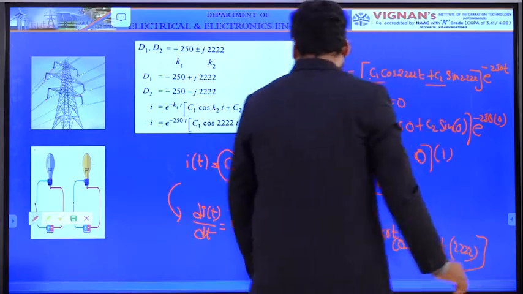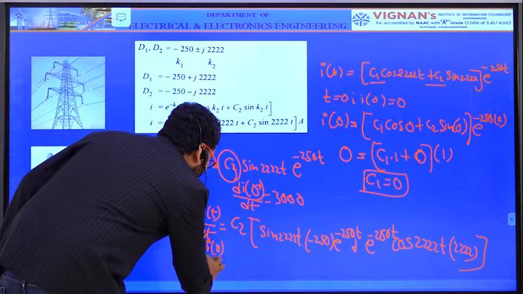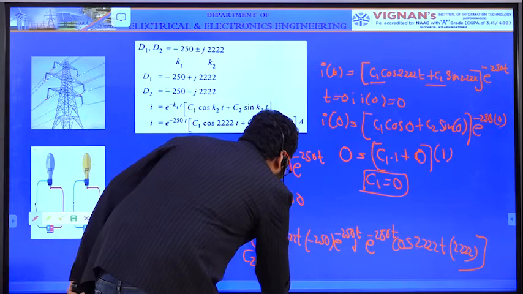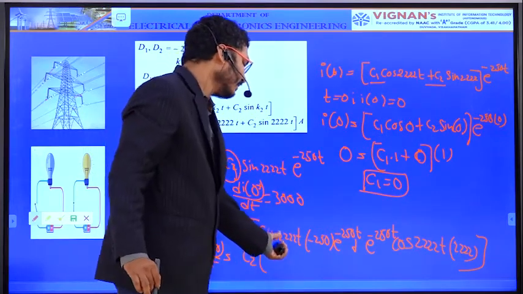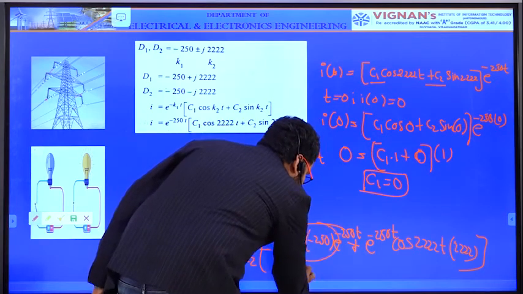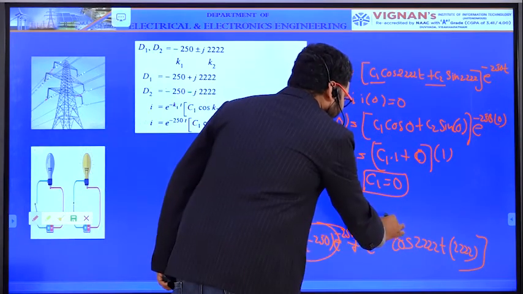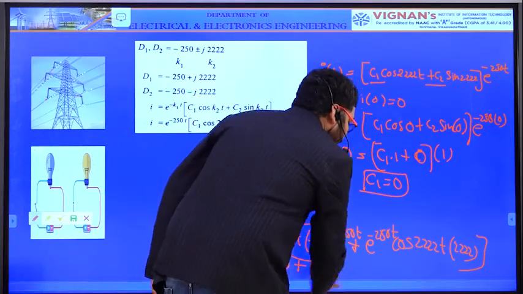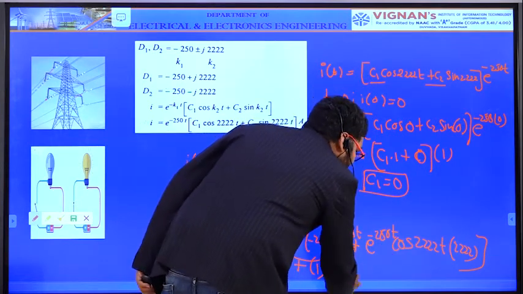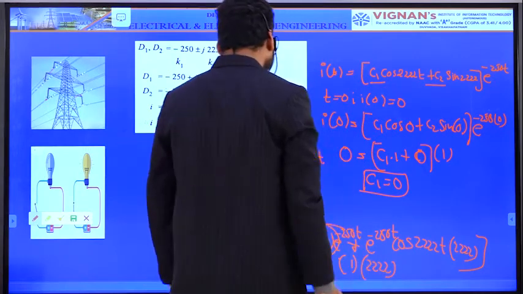Suppose at t equals 0, what is di by dt? Here C2 sin 0 is 0, so this whole term is 0. Then e to the power of minus 250 times 0 is 1, and cos 0 is 1, so you get ω.